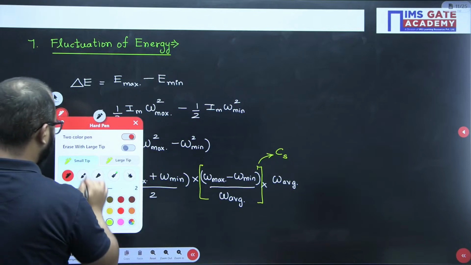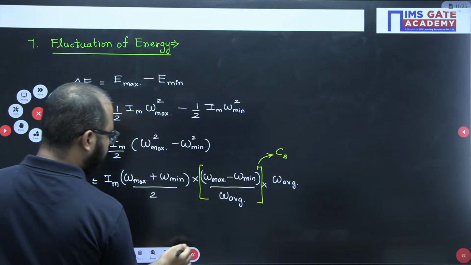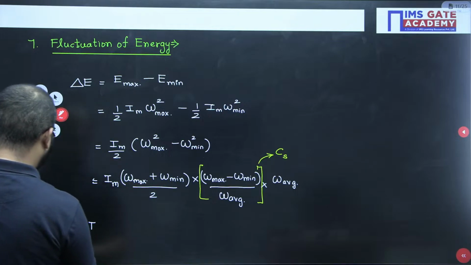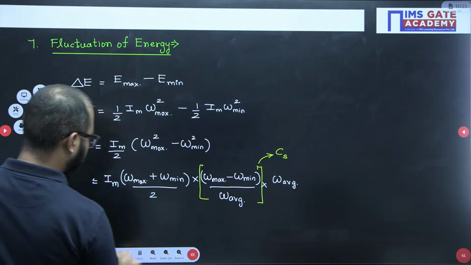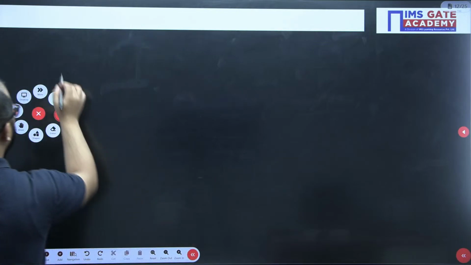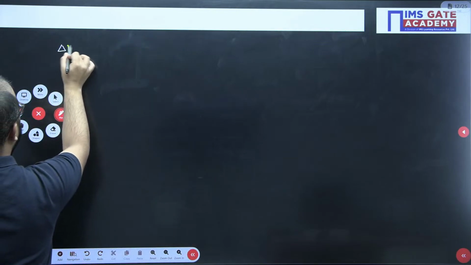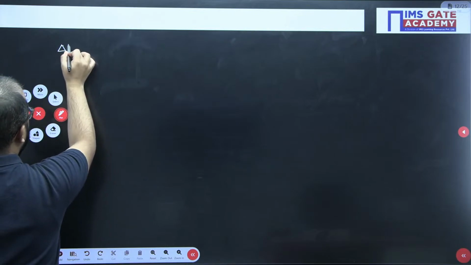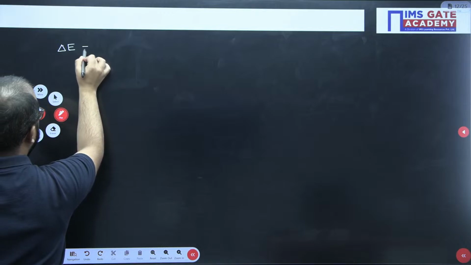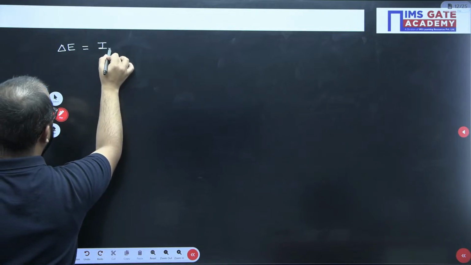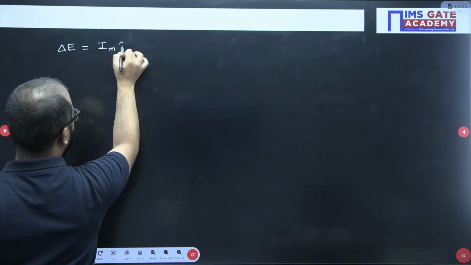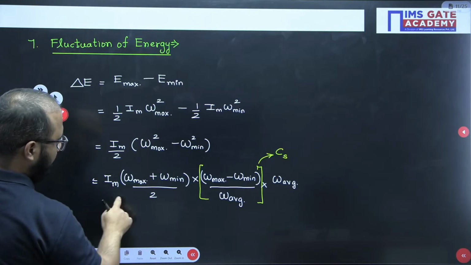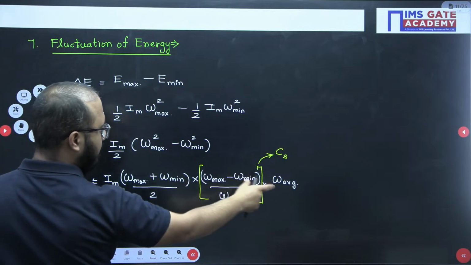So now finally the formula we will be having, let us write it in the next slide: delta E equals mass moment of inertia, omega average square, and CS.